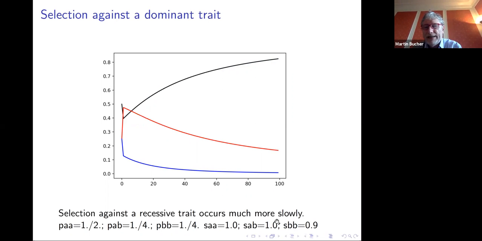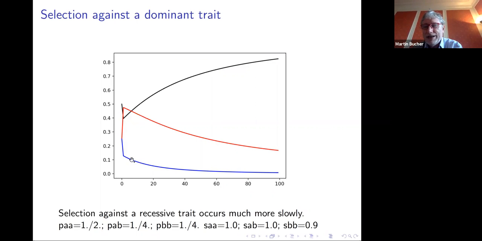And this is kind of interesting because here I changed this from 1.1 to 0.9, and you can see that the decay is much smaller. So the recessive trait allele is not good, but it only shows up where it's around quadratically in the homozygous combination.